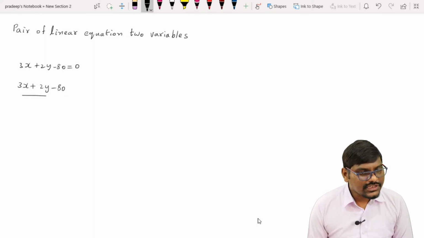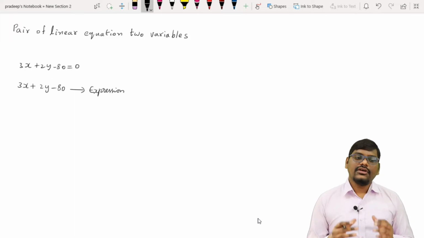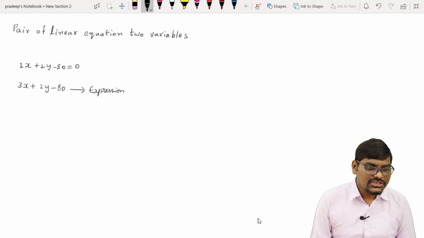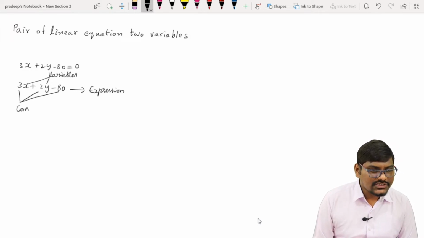This 3x plus 2y minus 80, we will say this as an expression. It is an expression, which means that we are trying to express something in mathematical format. So we are expressing something with the combination of variables. This x and y are called variables, and these numbers 3, 2, 80 are called constants.